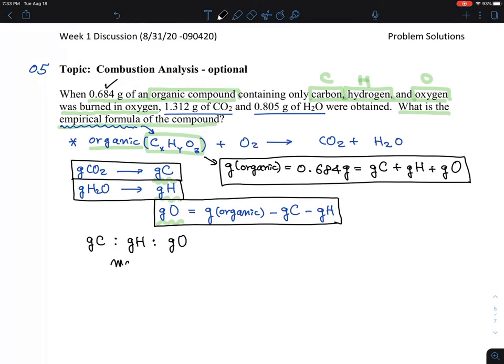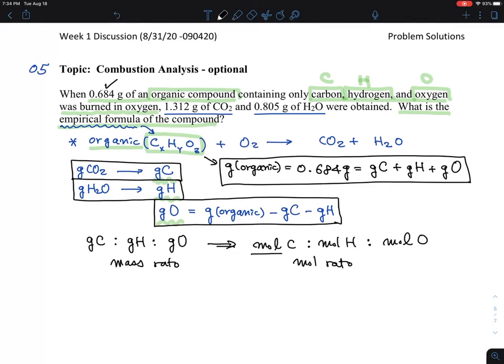This is a mass ratio. And then what you got to do is moles of carbon, moles of hydrogen, moles of oxygen. That's a mole ratio.